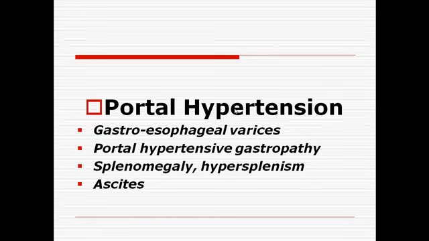In case of portal hypertension, there may be gastroesophageal varices, portal hypertensive gastropathy, splenomegaly, hypersplenism, and ascites. Another question is asked frequently: a patient comes to you with distended abdomen, edema, distended veins on abdomen, and on your clinical examination you find splenomegaly and ascites.